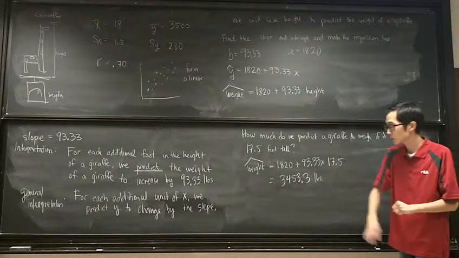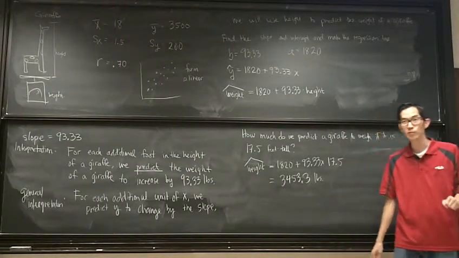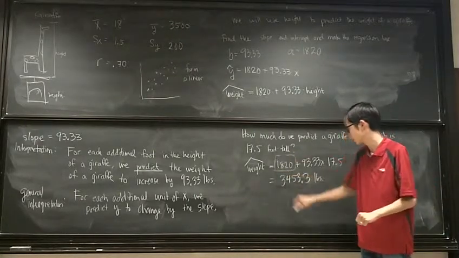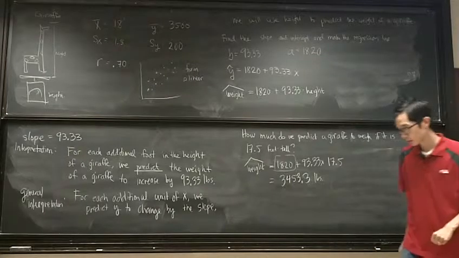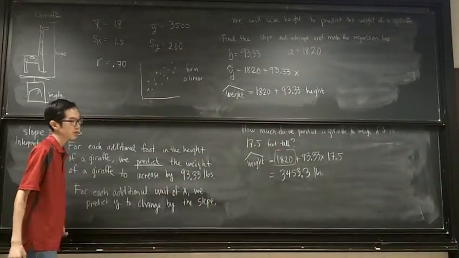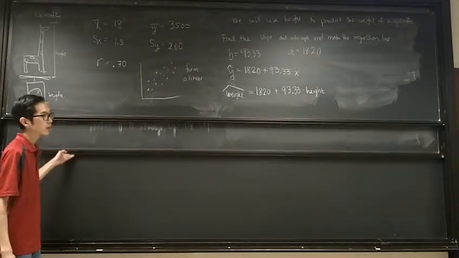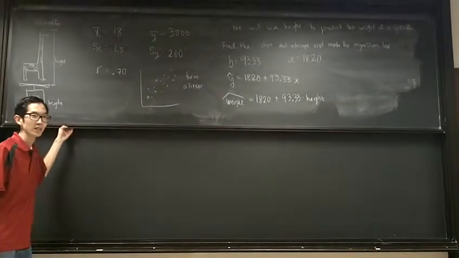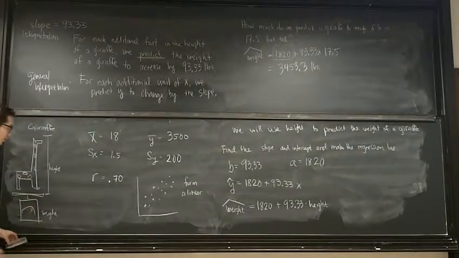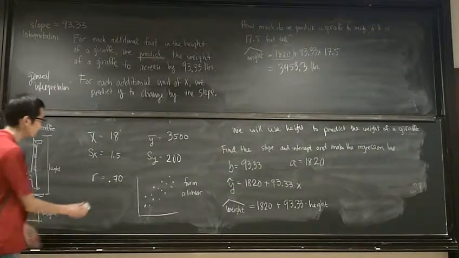Okay, what's our intercept? 1820. 1820 is our intercept. What's the interpretation of the intercept? That's how much a giraffe would weigh if it wasn't any height. Yeah, it's our prediction for y if x were 0.